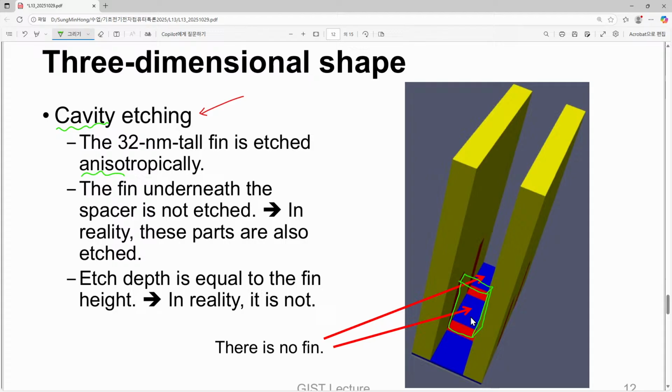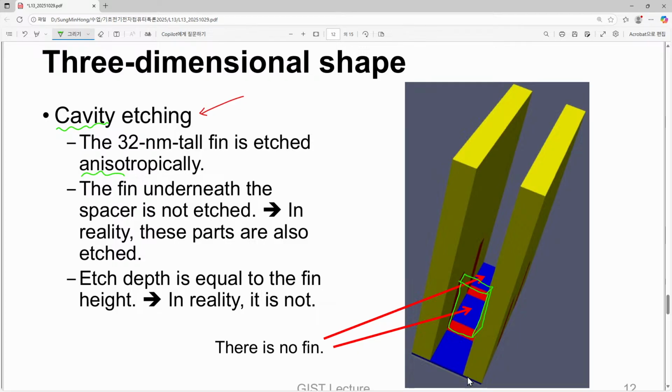Actually, this information is not that clear, but in many cases the cavity etching can go even deeper than this fin.